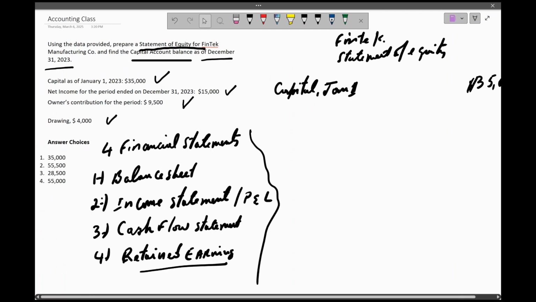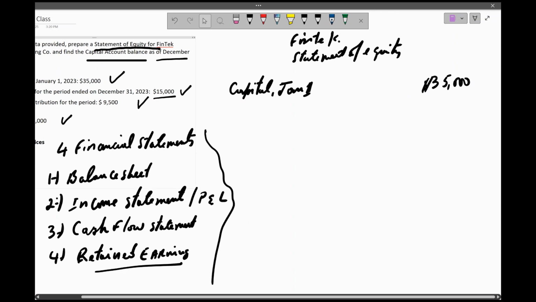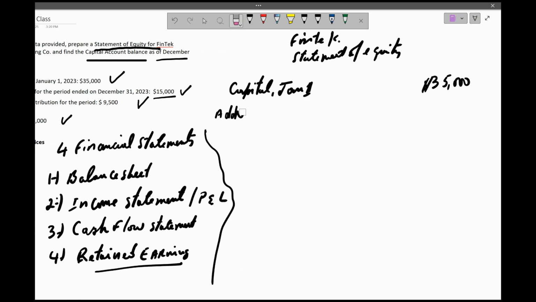During the period January 1st to December 31st, the company made a net income, which is a profit of 15,000. You add net income, which is 15,000.